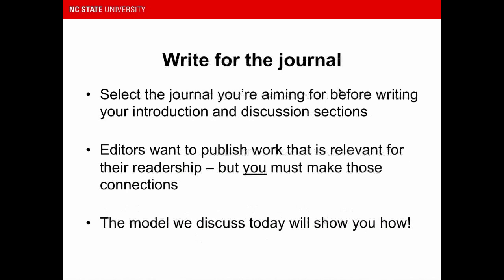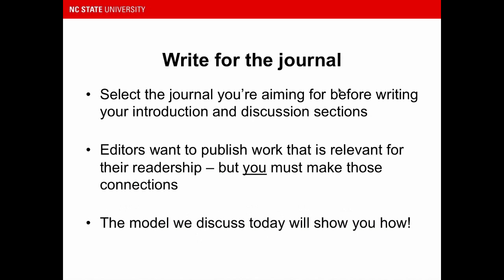The other element that I want to make sure to mention, and this is up for debate, but I always advocate, particularly to our graduate students, that you must be writing for the journal, especially when you're writing your introduction. Now we have many folks who say, well, I want to wait till I get my results, and then I'll see what journal I can put it in, because you want to aim high, but if your results aren't quite what you're thinking about, then maybe you aim a little lower.